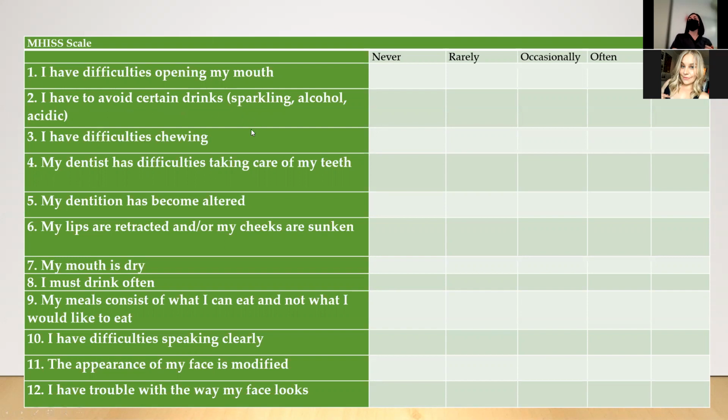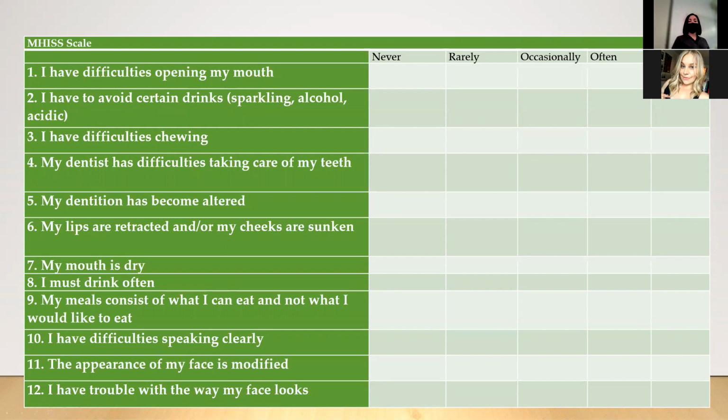I have to avoid certain drinks. I have difficulty chewing. So if your patient is having some kind of symptoms and they haven't been diagnosed with anything, you can use this to help them articulate what's going on and what their limitations are. And you can always send that to a physician and say, my patient is experiencing these things.